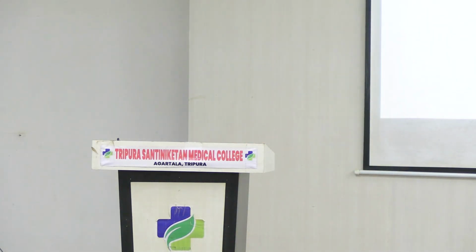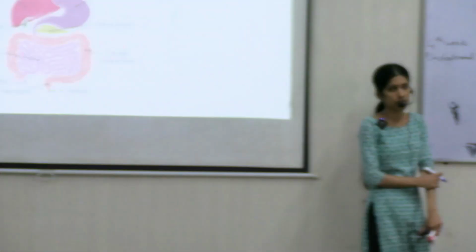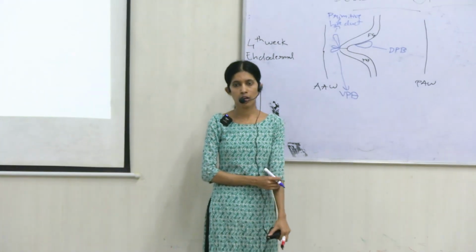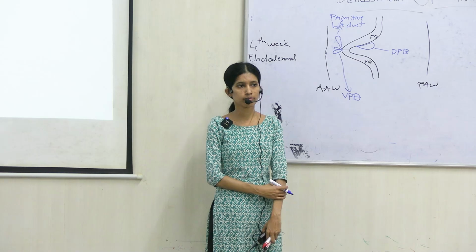So how does the rotation of your loop take place? Rotation of the gut. How many rotations take place? Okay, she is saying the midgut will undergo 2 rotations in clockwise direction. Any other answers?